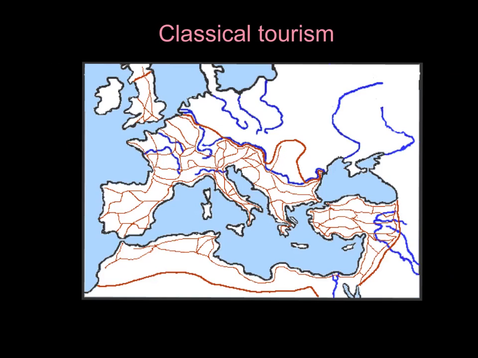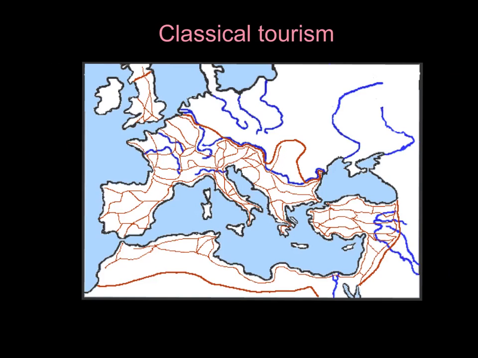So the next time period that we're going to have a look at is the classical time period, and that time period runs from BC 600 to AD 600. So travel and tourism continued into the classical time period, and that was thanks to the development of early road networks.